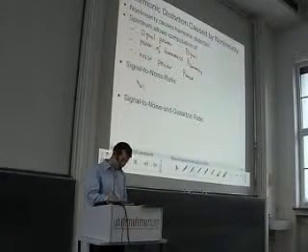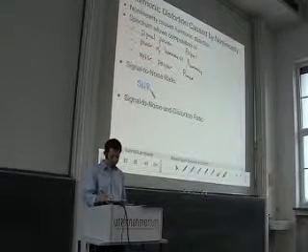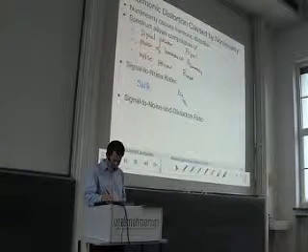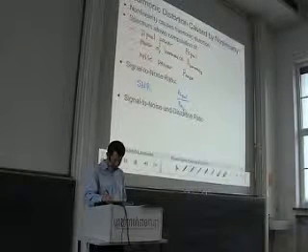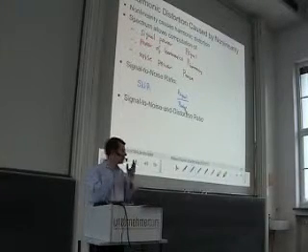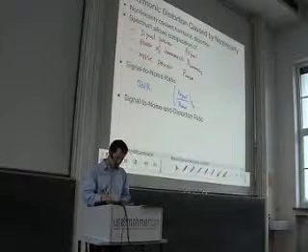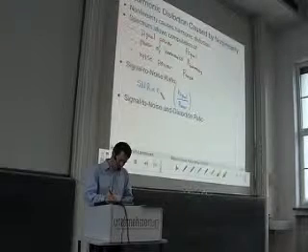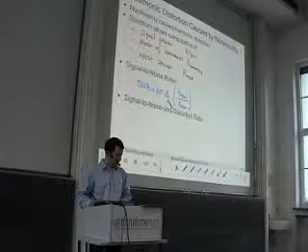Therewith we can define our signal to noise ratio as the ratio of P signal over P noise. So this is the power ratio between the signal and the noise power. And again, we express this in dB, so we take here 10 times the log of P signal to P noise.